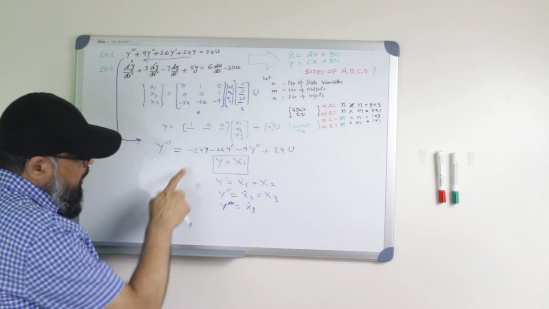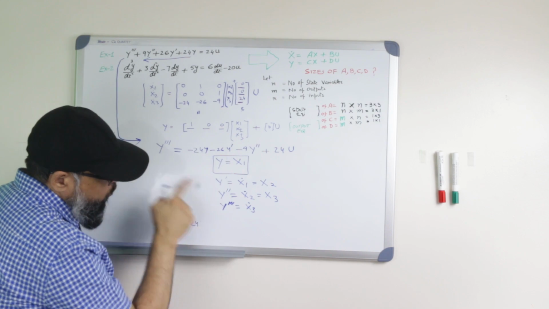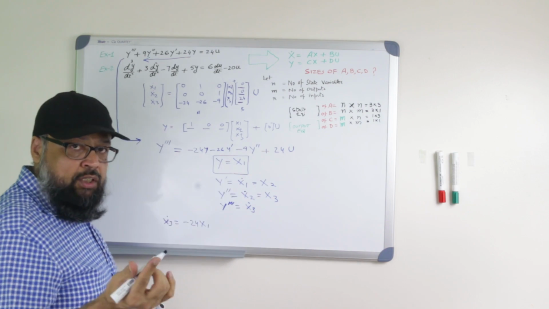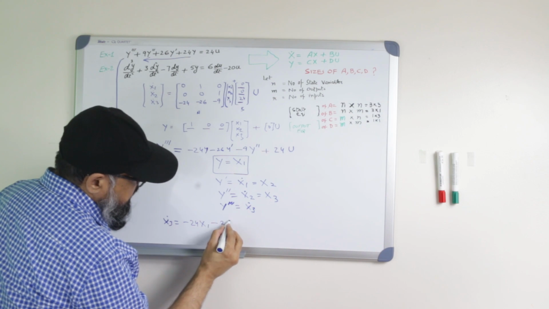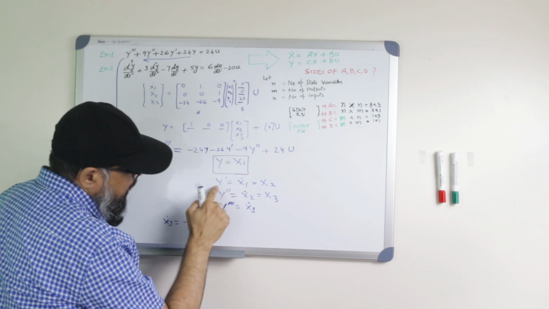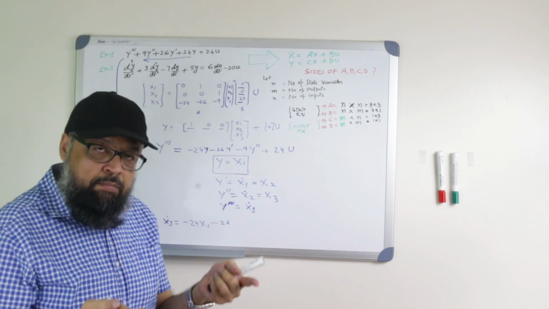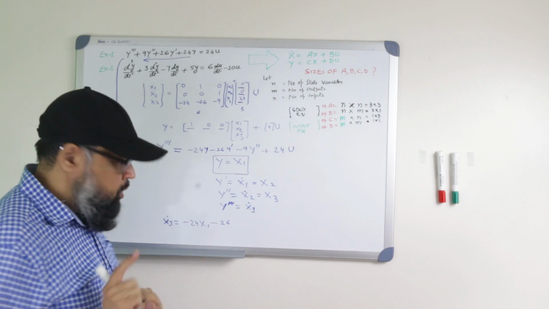So start writing this: minus 24, instead of y, we use x1, very simple, straightforward, there is no confusion. Now here is the point where students make errors: minus 26, instead of y dash, which value should I use, this or this one? Dot or without dot? Always use the state variable without dot, so x2.